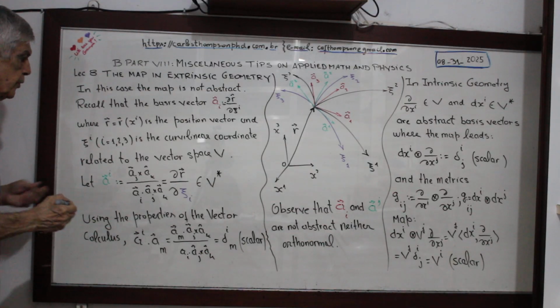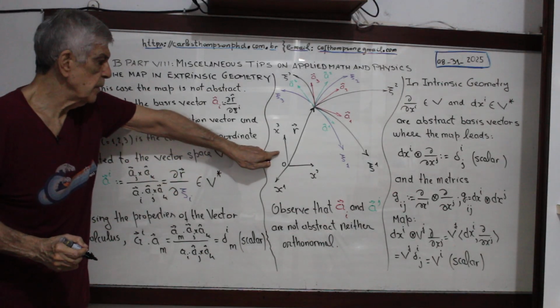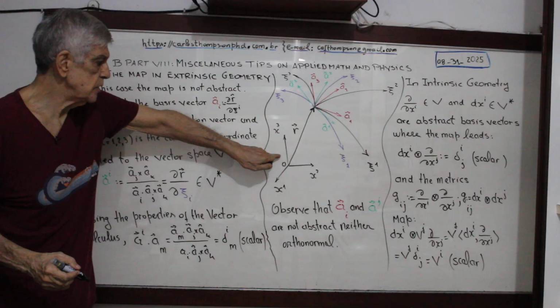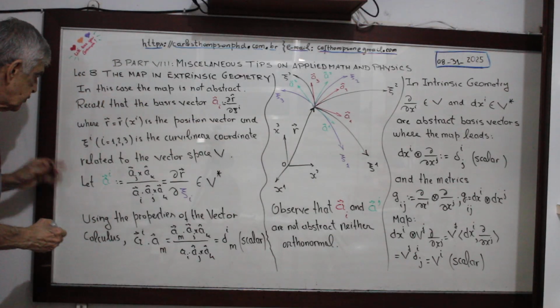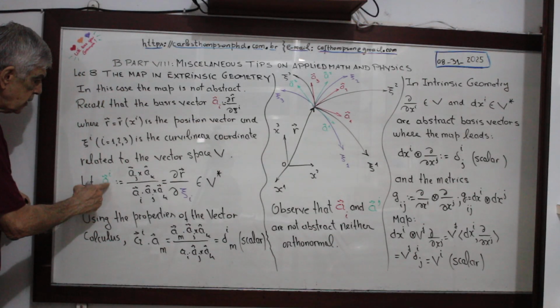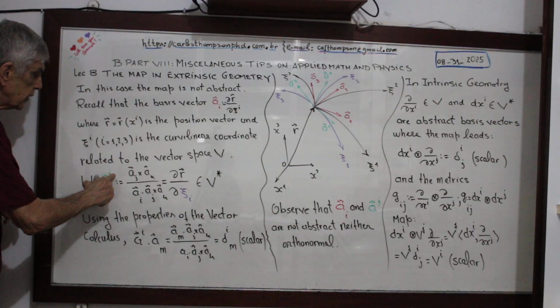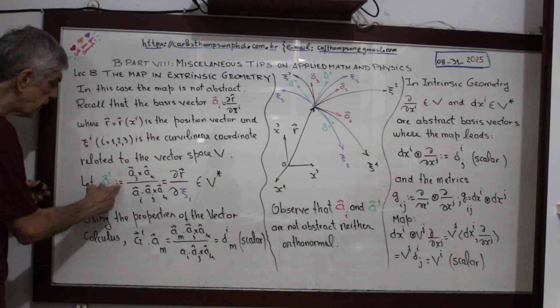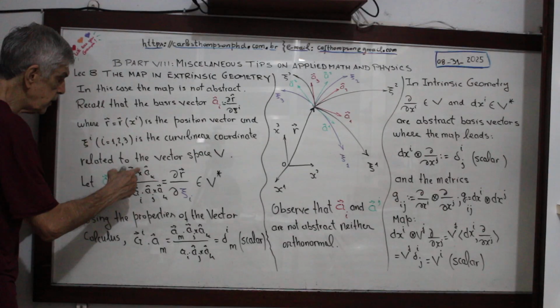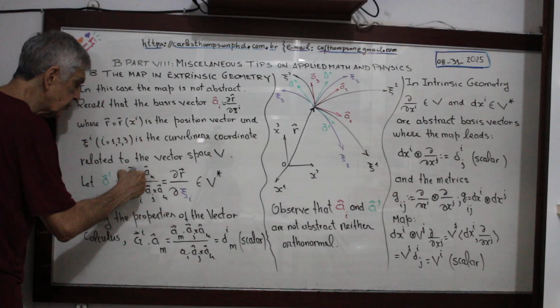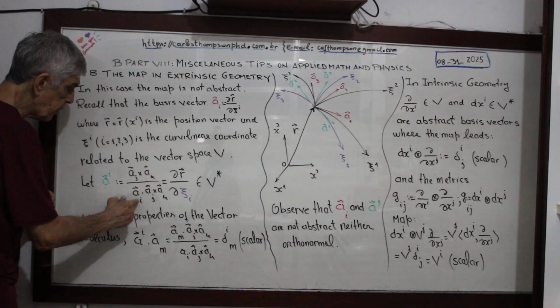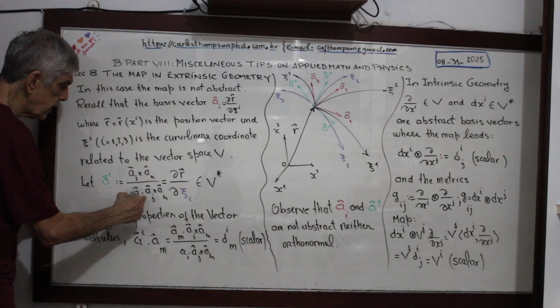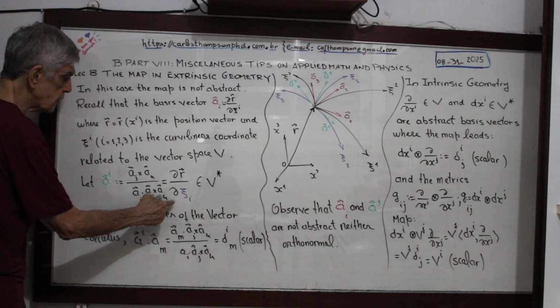So, R3 is space. In this case, it is Cartesian space. Let i be upper indices. a^i is by definition a_j cross a_k divided by the mixed product a_i dot a_j cross a_k.